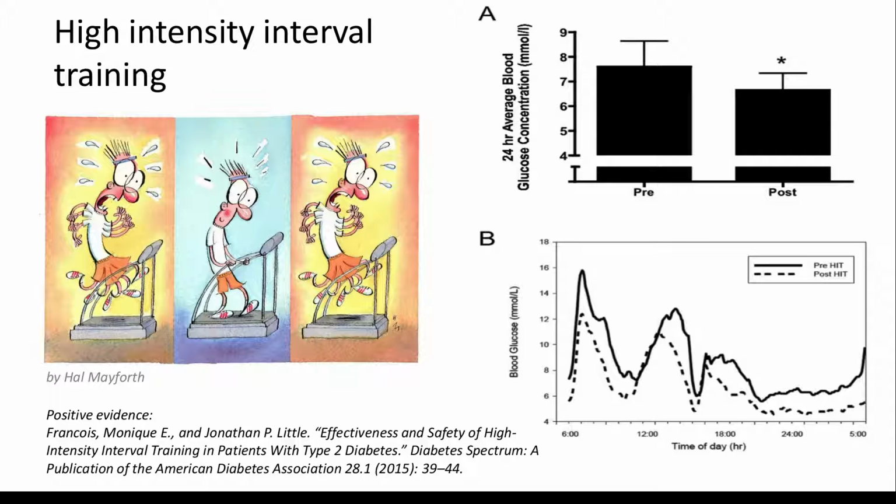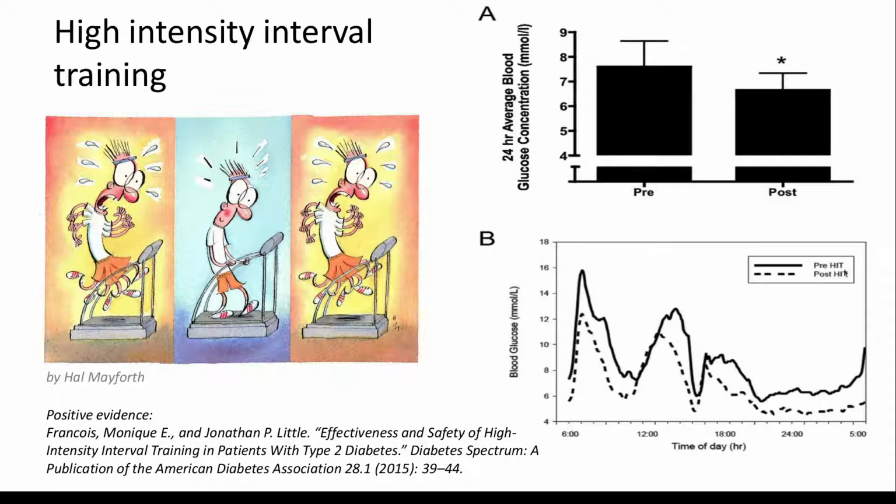This one, for example, is from a paper in 2015 that observed that if a diabetes patient has regular high intensity interval training, then the blood glucose generally goes down. It is still high, but not as high as it was before.